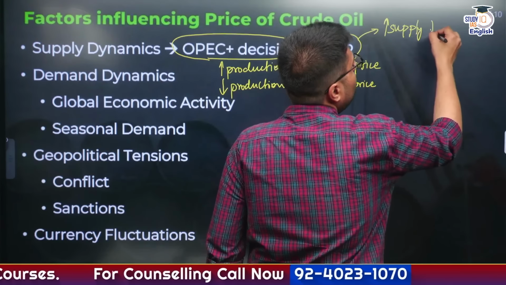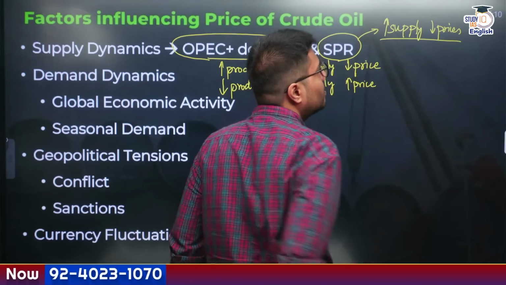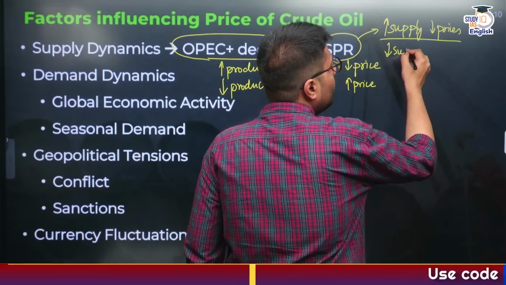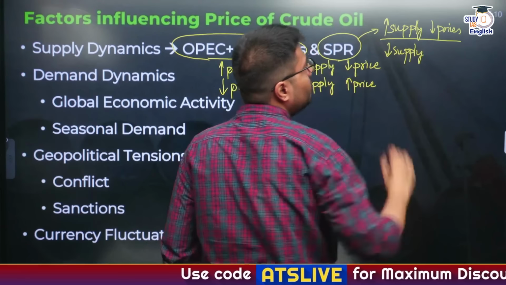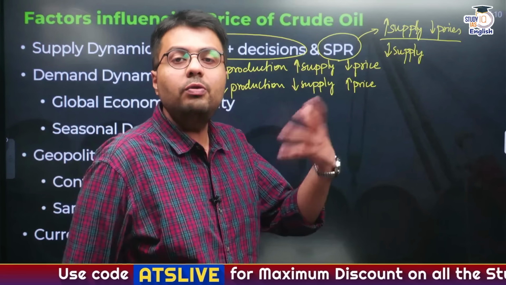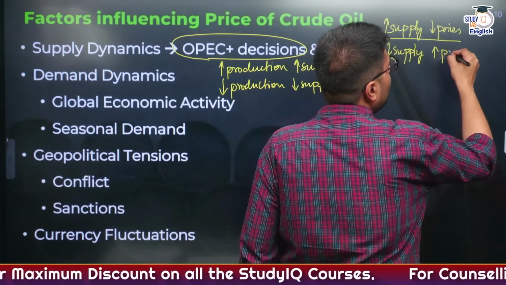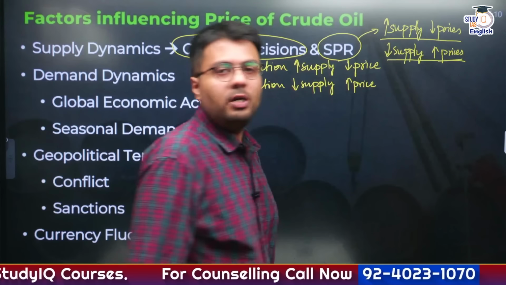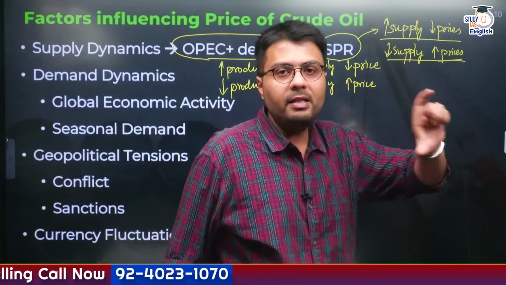This would put a downward pressure on the prices, but this, you can understand, is somewhat of a short-term measure. Similarly, if the opposite happens, if they purchase more crude oil to be kept in the strategic petroleum reserve, this would reduce the global supply of crude oil, therefore putting upward pressure on the prices.